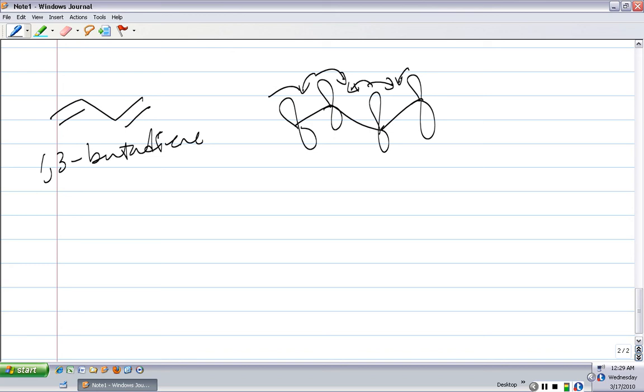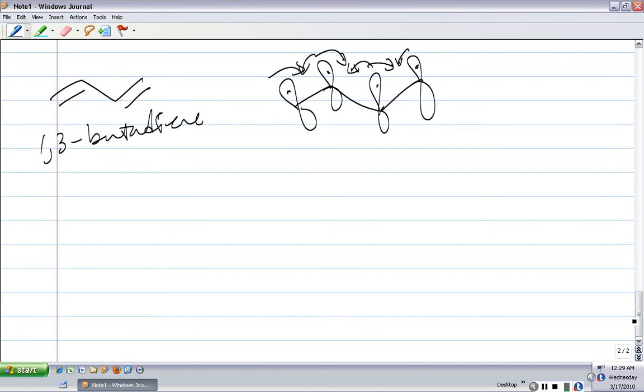And so what I have then would be 4 interacting p orbitals, right? I'm going to go ahead and put an electron in each of these, which is a very silly thing to do because electrons aren't points, but it certainly indicates that I've got 4 electrons in that species. Well, if I have 4 interacting p orbitals, I'm going to end up with 4 molecular orbitals, because the number I put in is the number I get out.